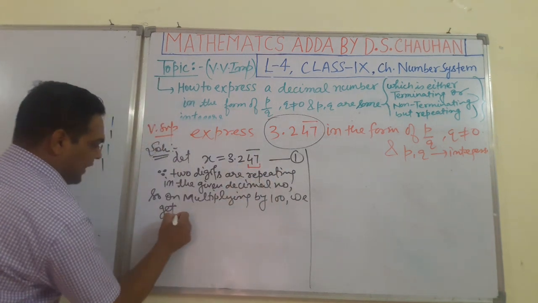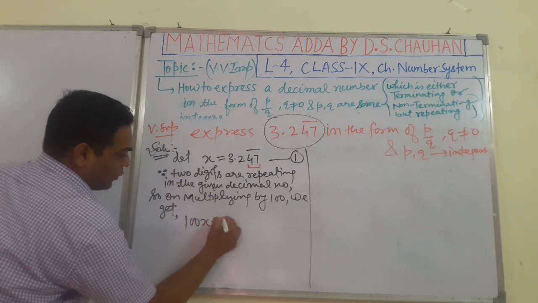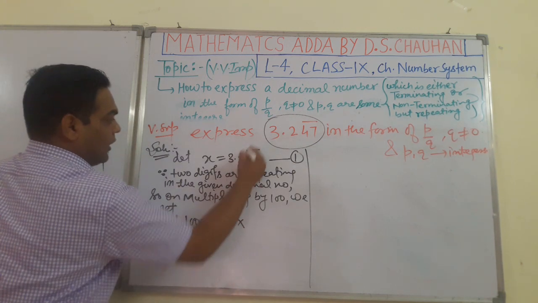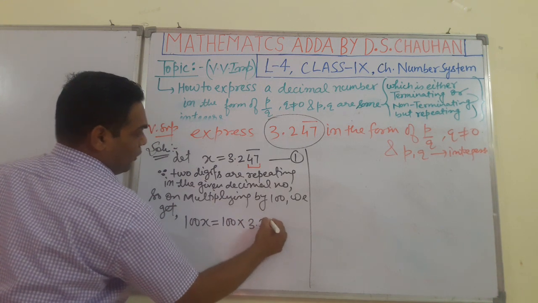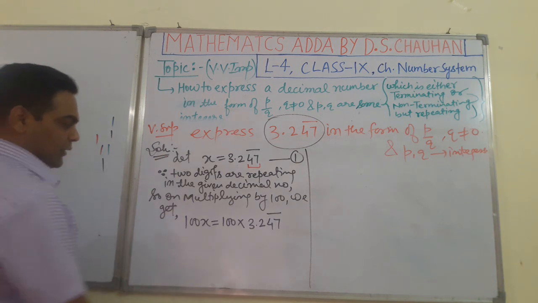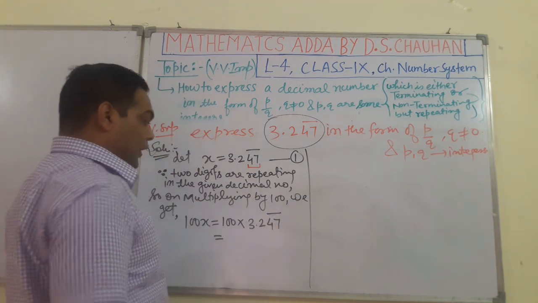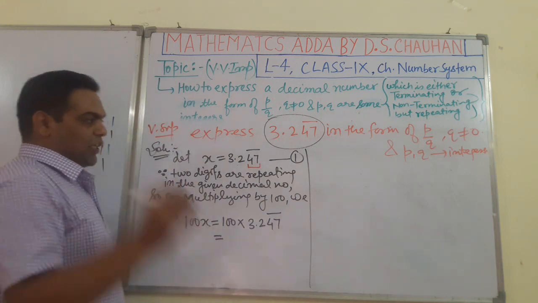Okay, so what do we get here, students? Try to understand. This would be 100x equal to 100 times 3.247 bar. Now as you multiply by 100, what will you get? This is the big question, students.